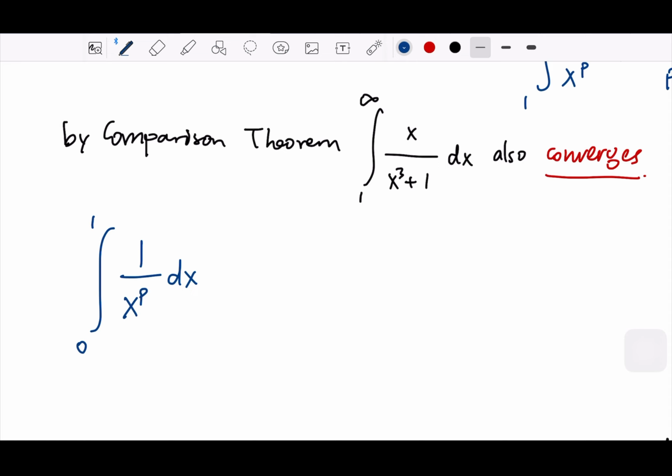Because of this interval. So similar to what we did yesterday, we could also check what kind of p makes this 1 over x converge and makes this 1 over x diverge. Is it similar to what we have? Yes, it does.